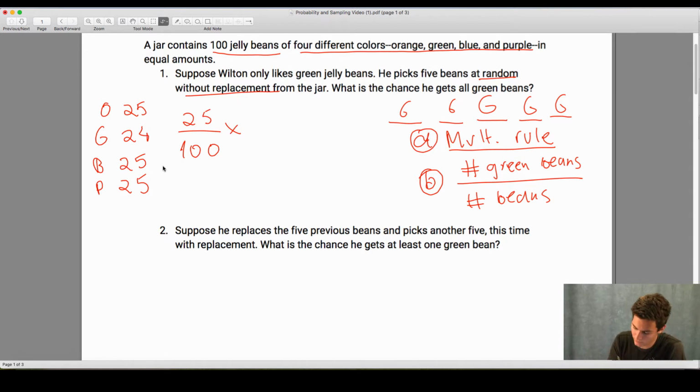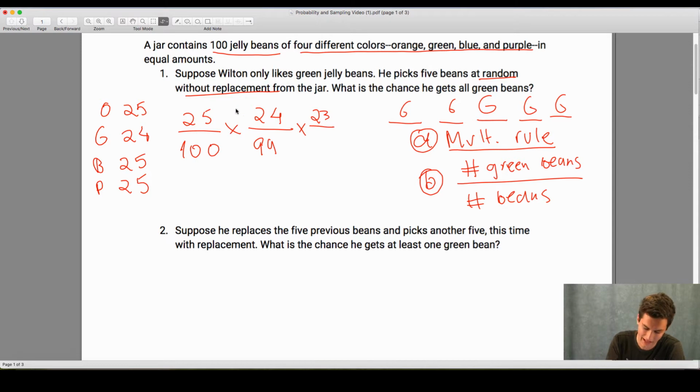Now, following exactly the same process of counting the number of green beans remaining, I see that I have 24 green beans because I'm sampling without replacement, so I'm not putting back the green bean I sampled in my first try. But at the same time, the total number of beans has decreased to 99. Now I can see a pattern for how to solve the rest of the problem.